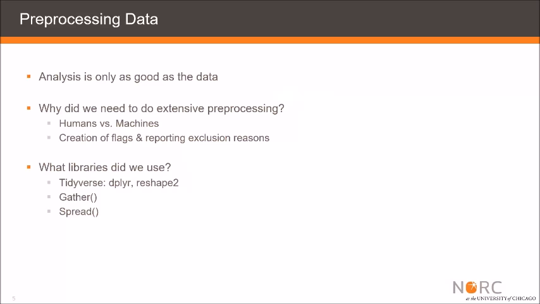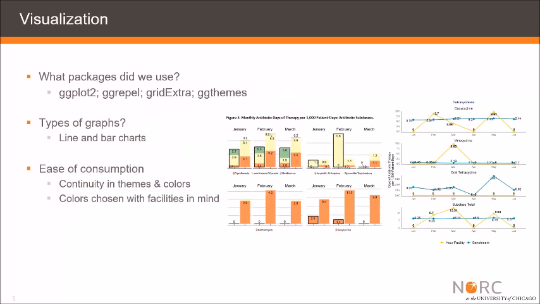We also use the data to create labels in the data and the graphs, so it's a lot of pre-processing to turn it from something that a machine reads to what humans read. To do this, we use the tidyverse mainly, dplyr and tidyr, specifically gather and spread for going between wide and long.